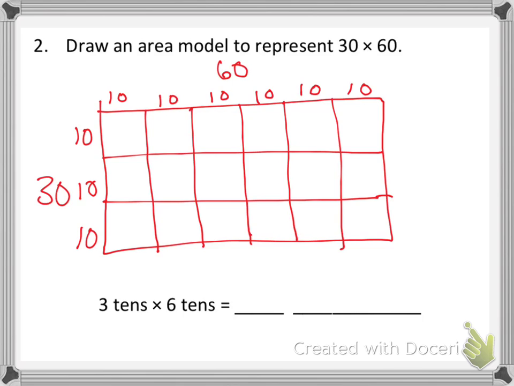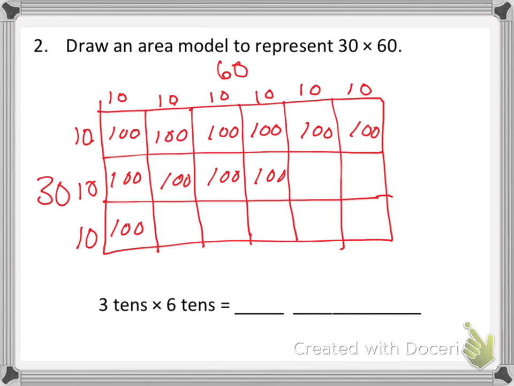So these little squares inside are 10 by 10s. So all we have to do is multiply 10 by 10. 10 times 10, 100. 10 times 10, 100, and it keeps going on.